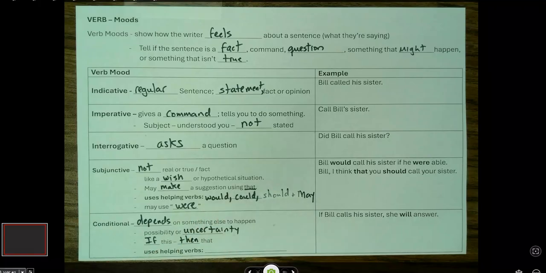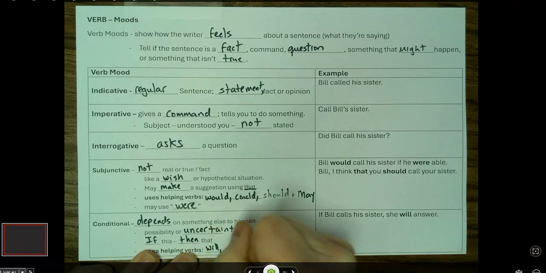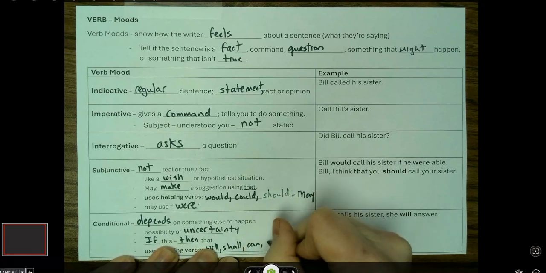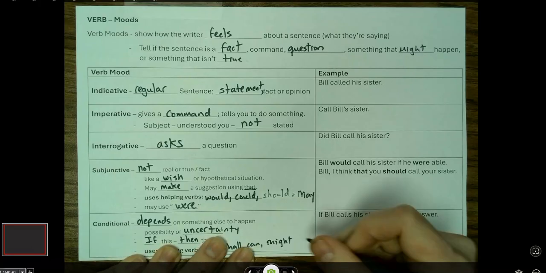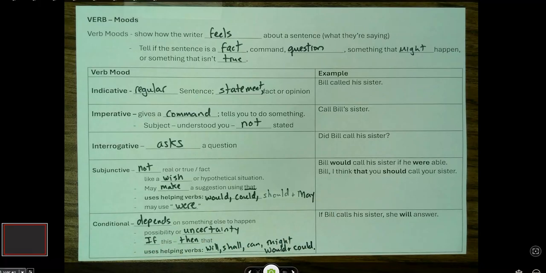And it uses certain helping verbs like will, shall, can, might, would, and could. Okay, so make sure you get all those down.